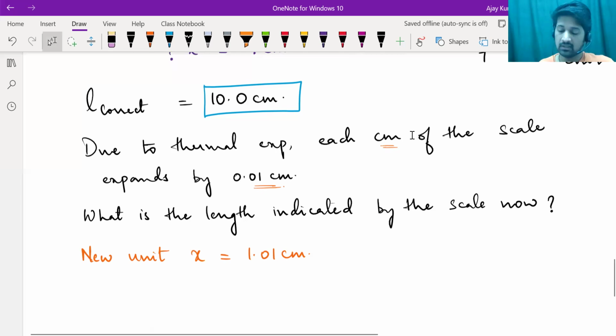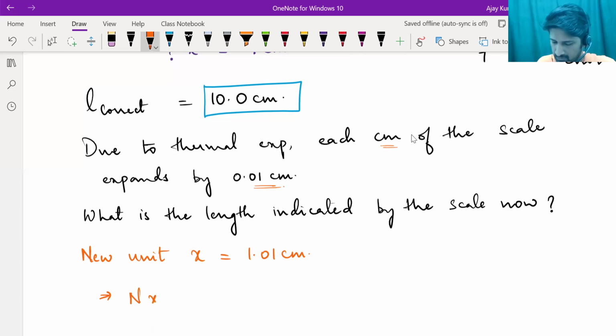Fine. That's all. Now, how many of these new units fit within 10 centimeters is what we need to find out. Let's say n number of these new units will fit. So you can say n times x is 10 centimeters. So the number of new units which fit within 10 centimeters is 10 divided by x, which is 1.01.